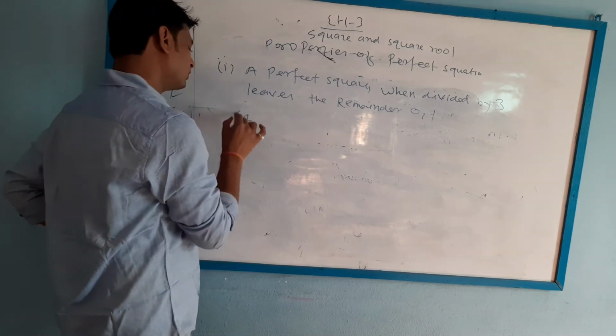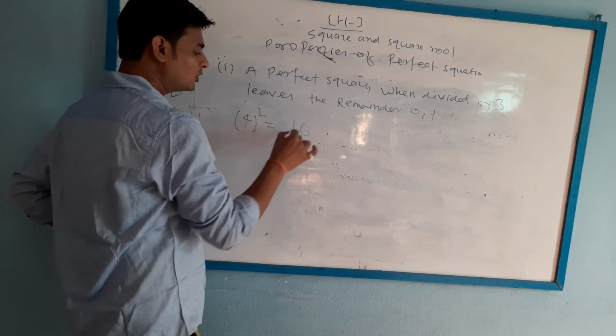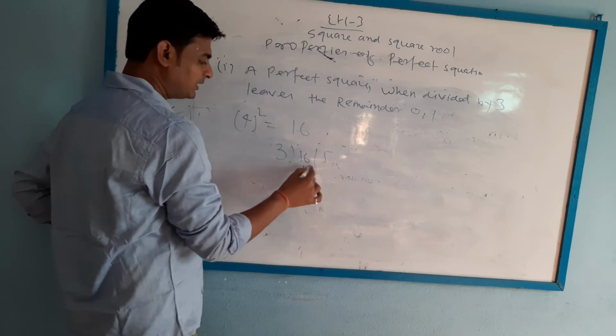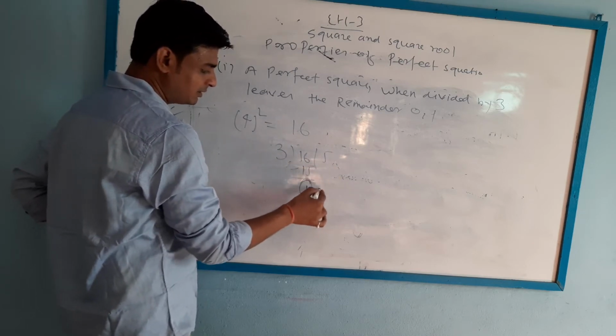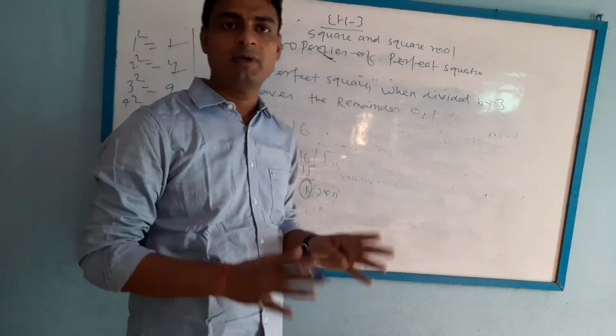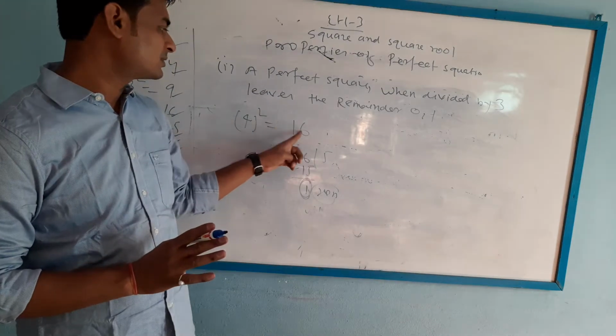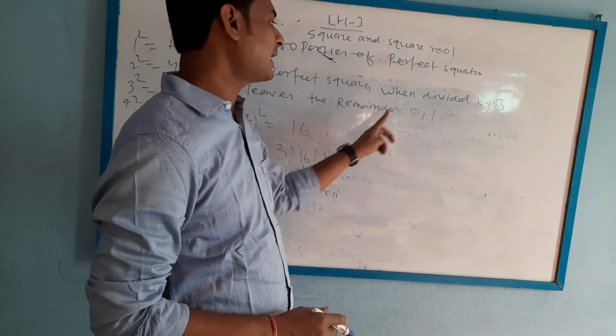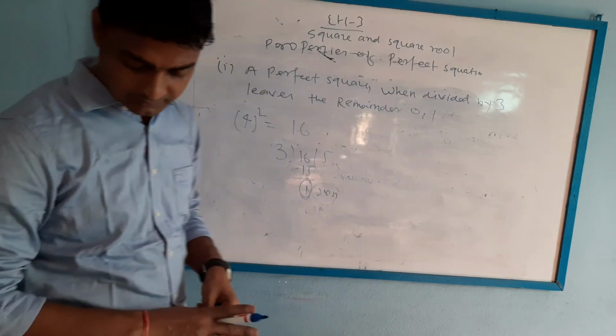Suppose the square of 4 is 16. If you divide 16 by 3, 3 fives are 15, so here you are getting 1 as a remainder. If a perfect square, 4 is a perfect square, means 16, when divided by 3, leaves the remainder either 0 or 1.